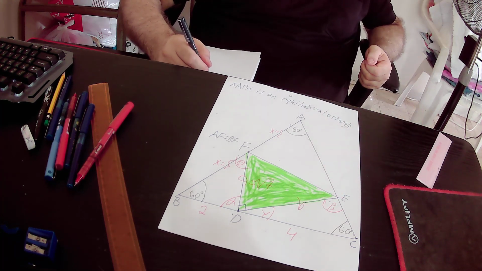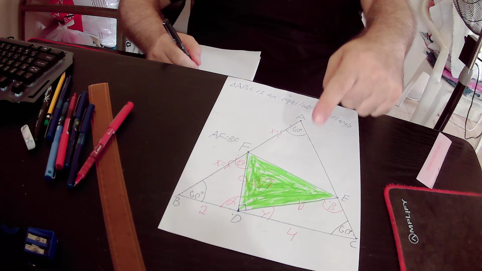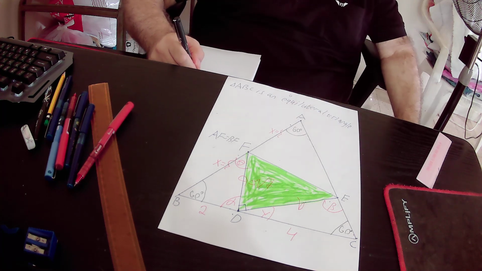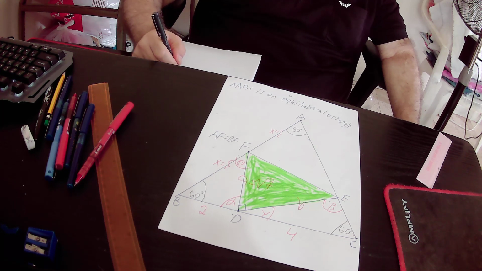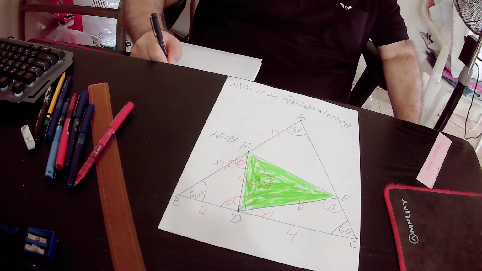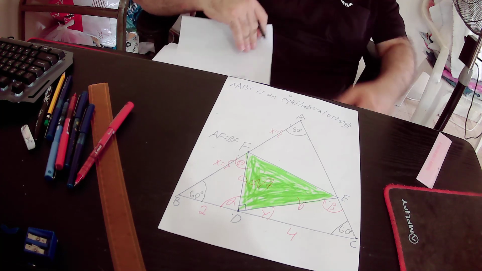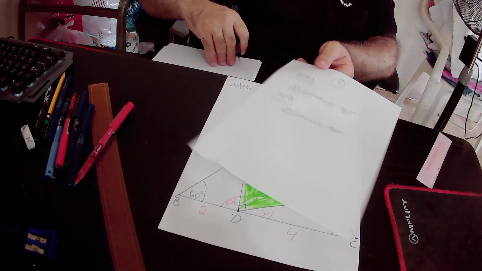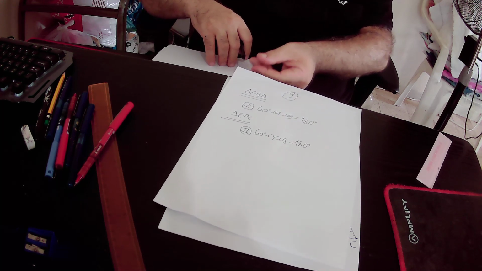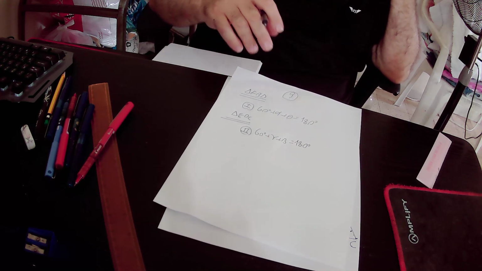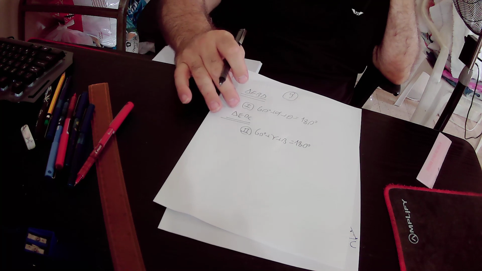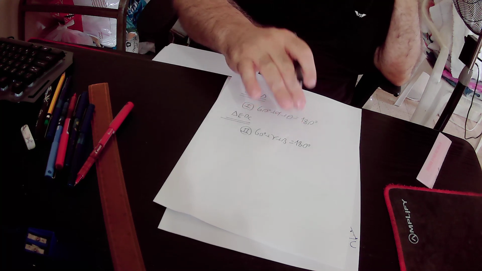So 60 degrees plus gamma plus beta equals 180 degrees. Again, the second equation states that the sum of the angles in the small triangle EDC equals 180 degrees.